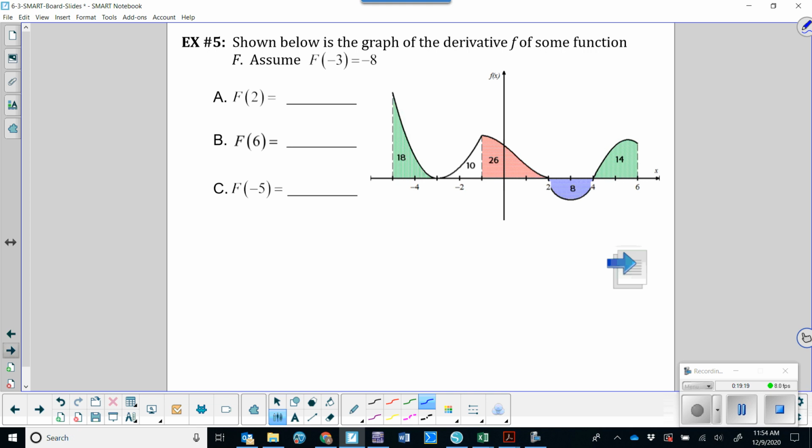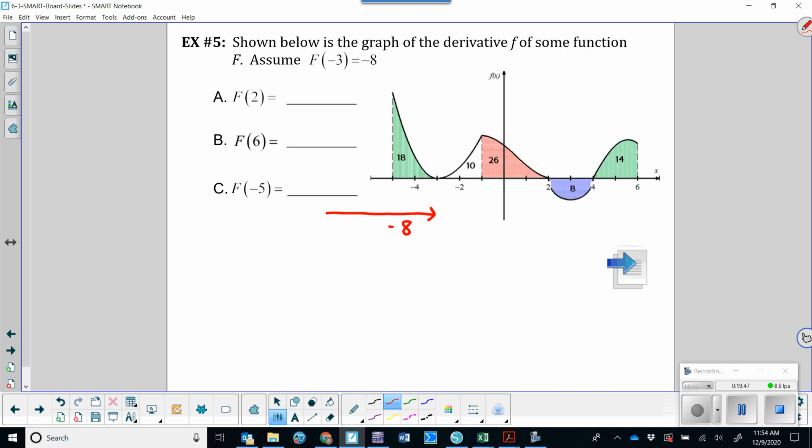Here's the way I like to think of that, because I think it helps me figure out why that matters. They're telling me F of negative 3 equals negative 8. This function up here is its derivative. That means it's like them telling you, if I took all the area and I added it all the way up to negative 3, my answer would be negative 8. So it's like I've already added all of that up and I'm telling you that's negative 8.